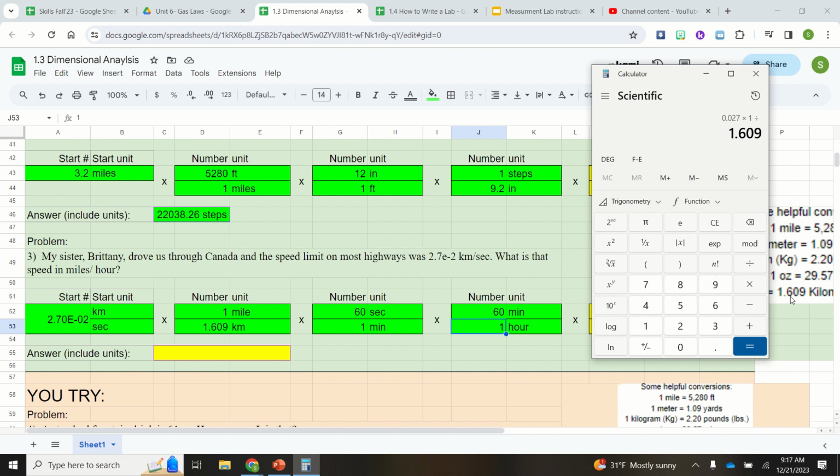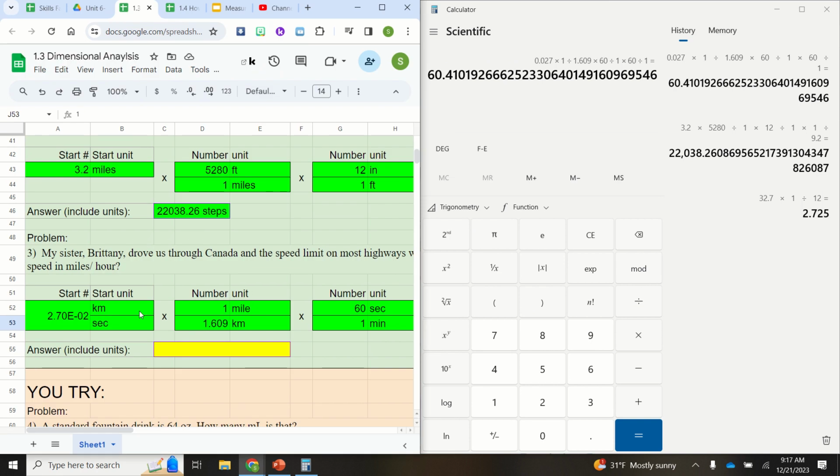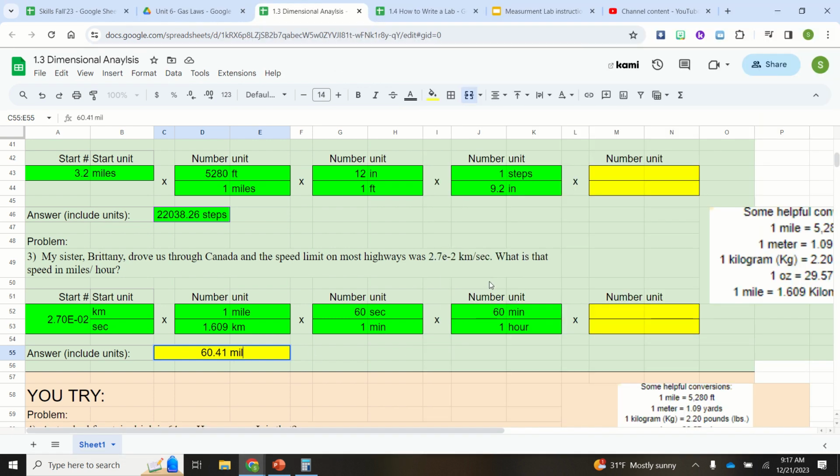Then we'll do the same thing with the next fraction, times the top, which is 60, divided by the bottom, which is 1. Same thing with the next fraction, times the top, which is 60, divided by the bottom, which is 1. And we get 60.41. The 0 does not round the 1 up. And our unit is miles per hour.